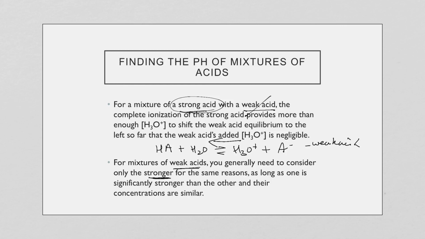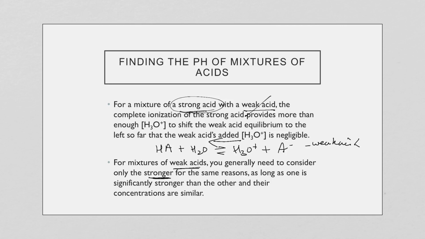Well, we can look at the Ka value, probably the easiest way, or the pKa values, to pick out the stronger of the two weak acids, looking for the larger Ka value or the smaller pKa value, and just solve it based on the hydronium ion that's produced from that stronger of the two weak acids.